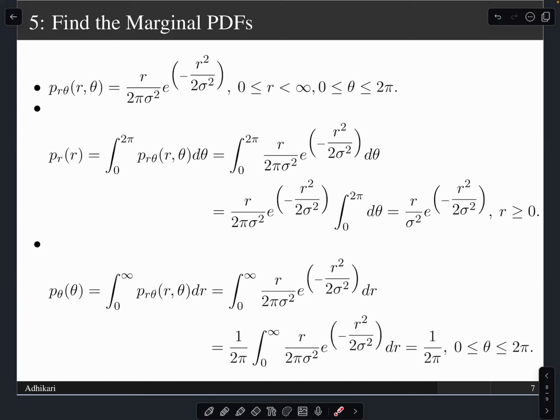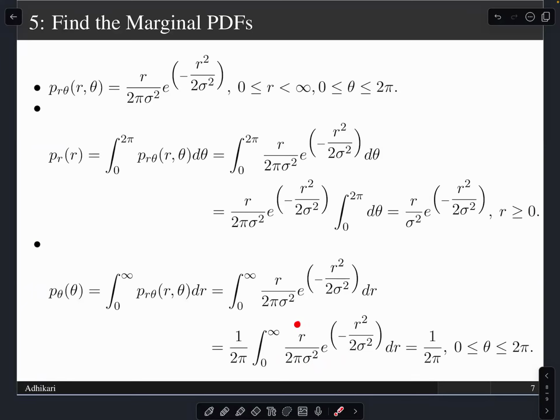And we can also find the PDF of theta in the same way. We would have to integrate out r, so the range for r is 0 to infinity. We can pull out 1 by 2 pi, and we're left with this. Remember that what we are integrating now is actually the PDF of r, which we already found over here.